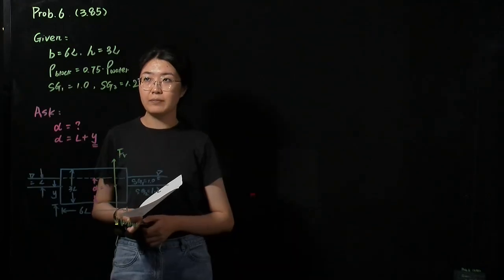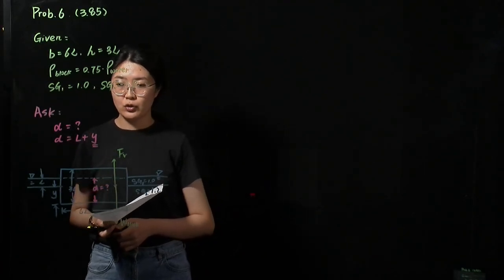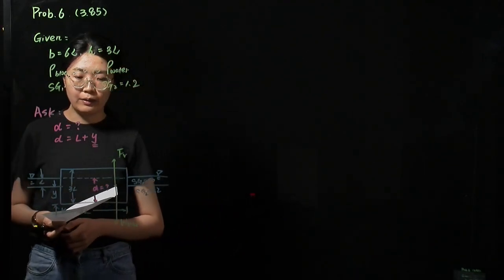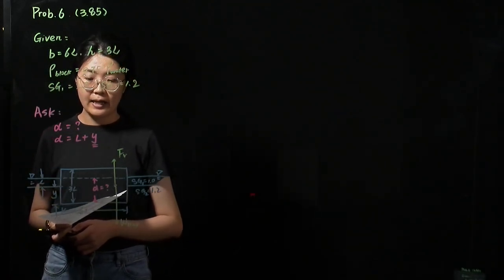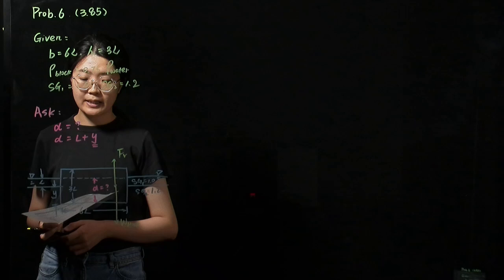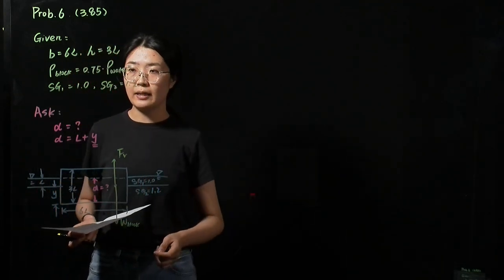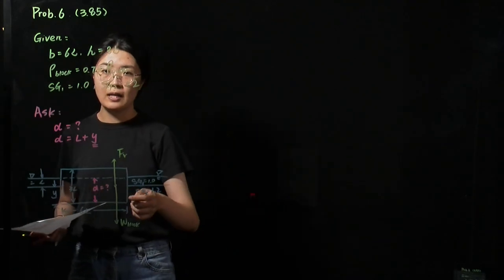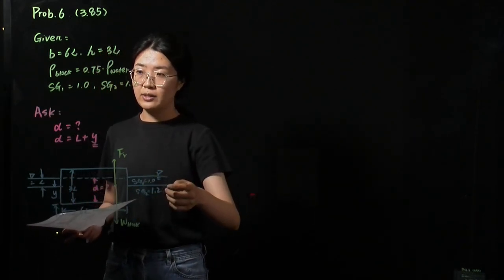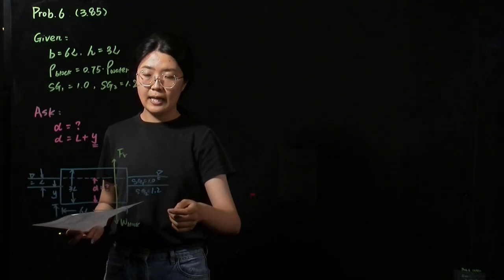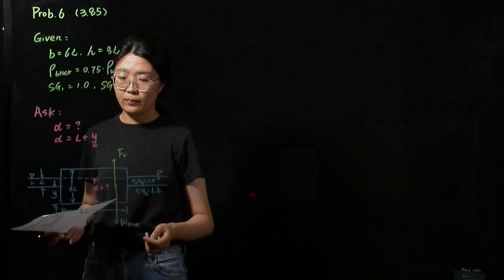Now let's take a look at problem 6. In problem 6, we have a rectangular block in a 2-liquid reservoir. This rectangular block is 3L high, and the width of this block is 6L. And we also know the density of this block equals 0.75 times the density of the water. For the first liquid, we know its specific gravity is 1. And the specific gravity of the second liquid is 1.2.